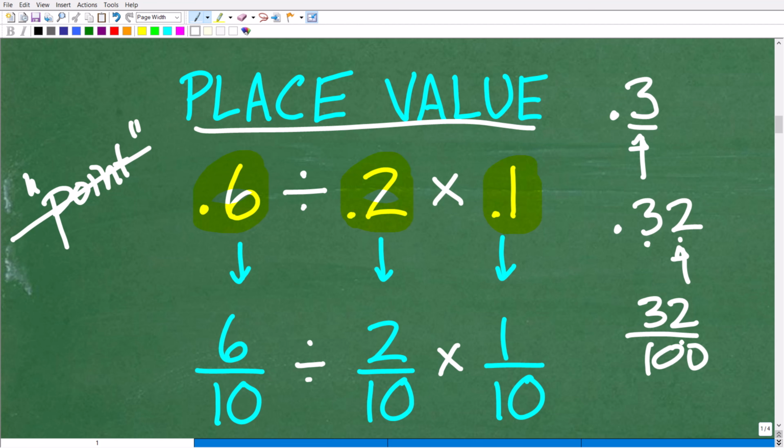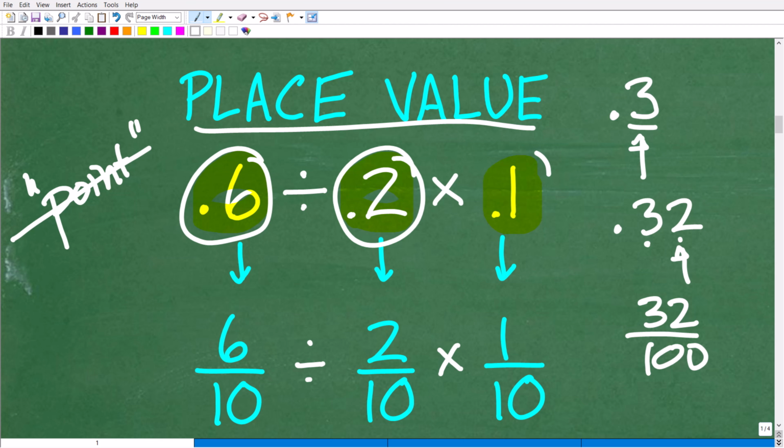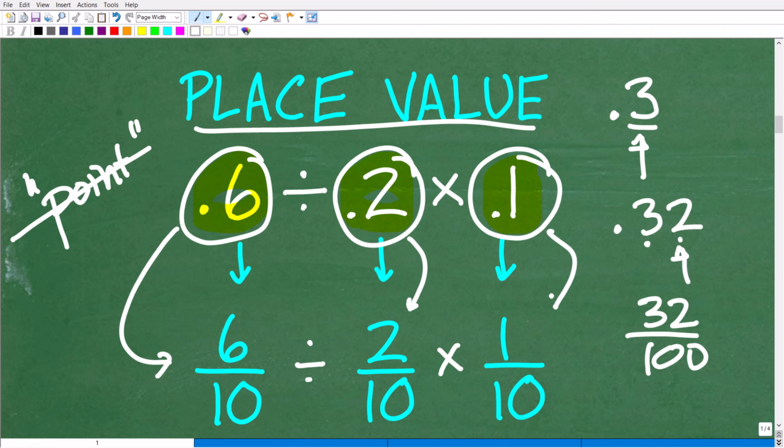Now, of course, this is not a formal lesson on it, but what we want to do here is write each one of these decimals as fractions using their place value descriptions. So here, 0.6, we can think of that value as 6/10. 0.2, we can think of this as 2/10, and 0.1, we can think of this as 1/10.